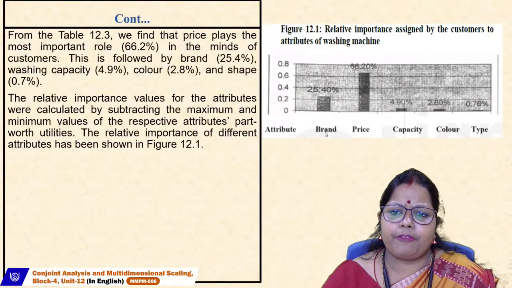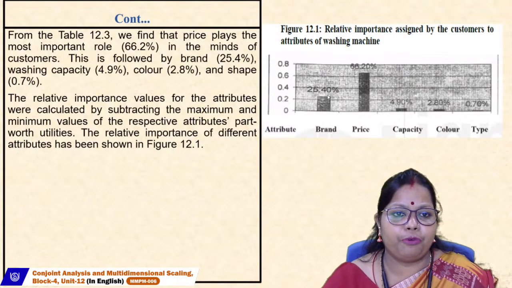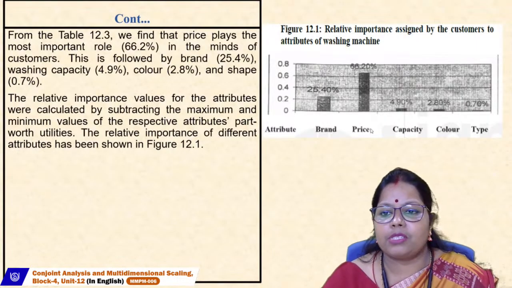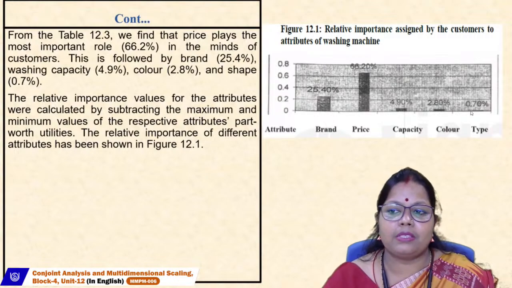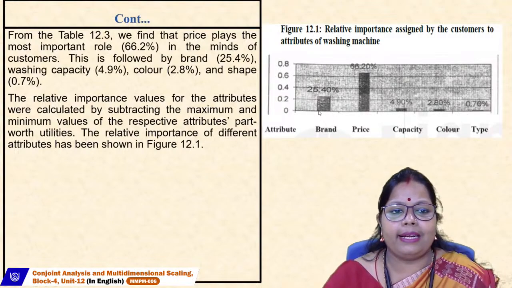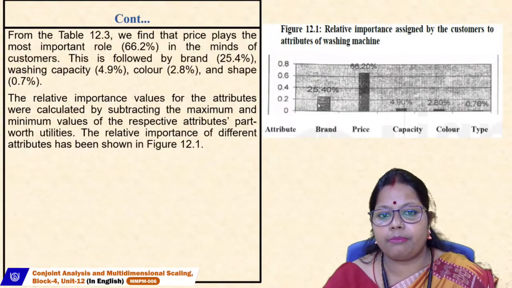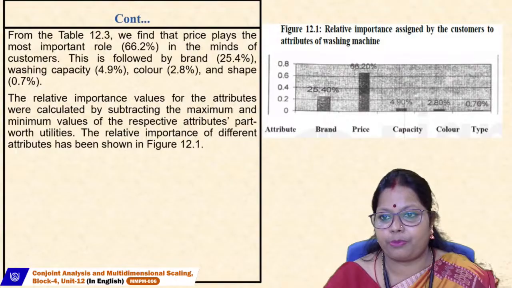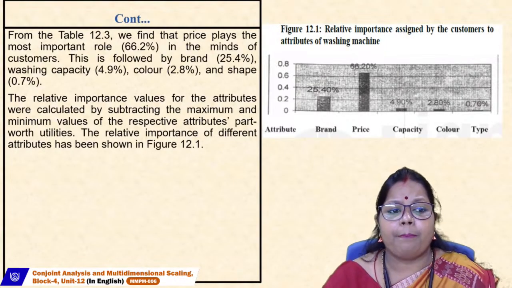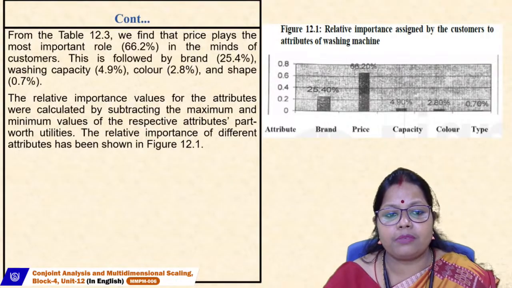For brand it is 25.40 percent, washing machine capacity is 4.90, color is 2.80, and type is 0.70. The relative importance value of the attributes was calculated by subtracting the minimum from the maximum value of the respective attributes.